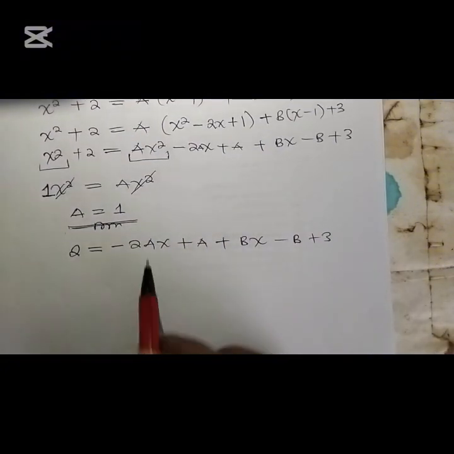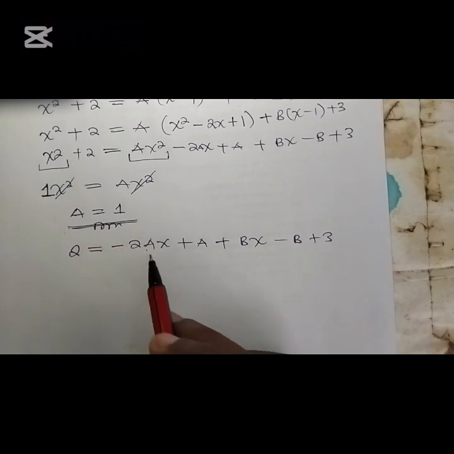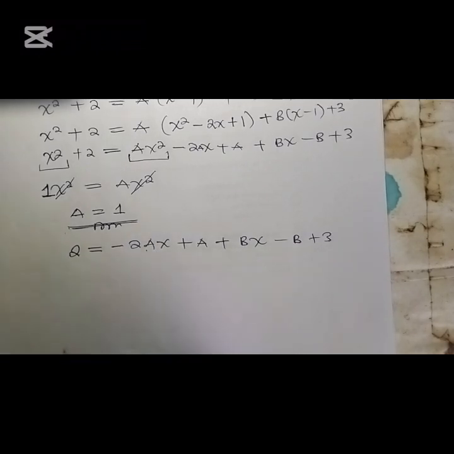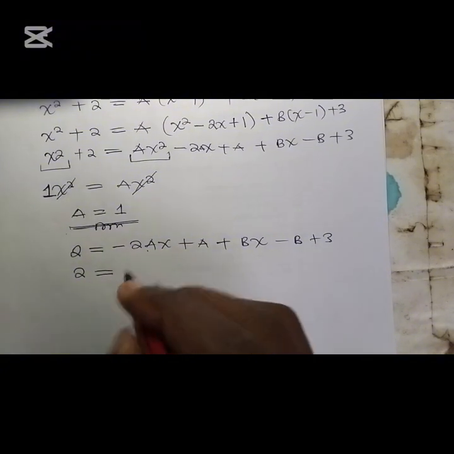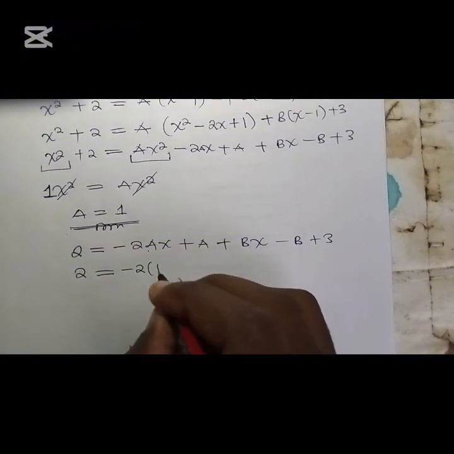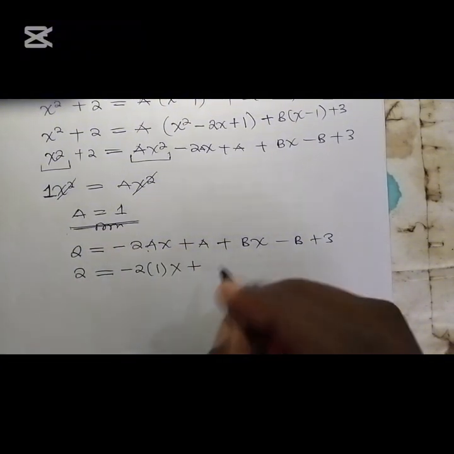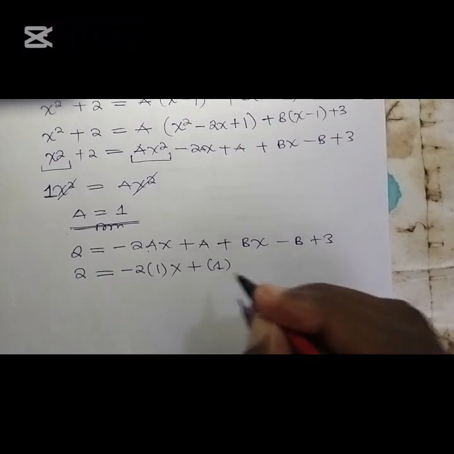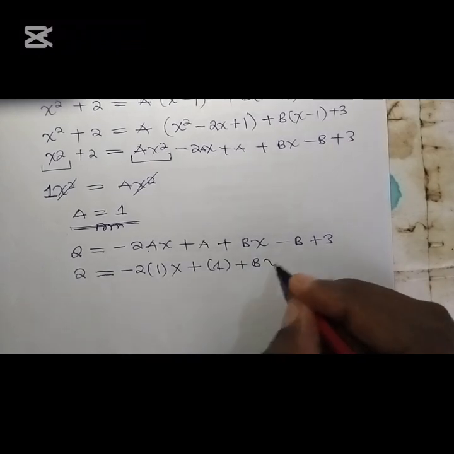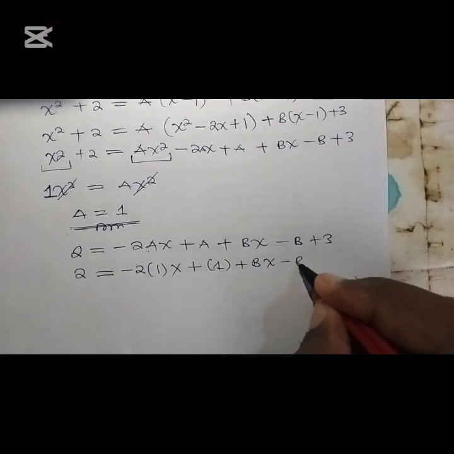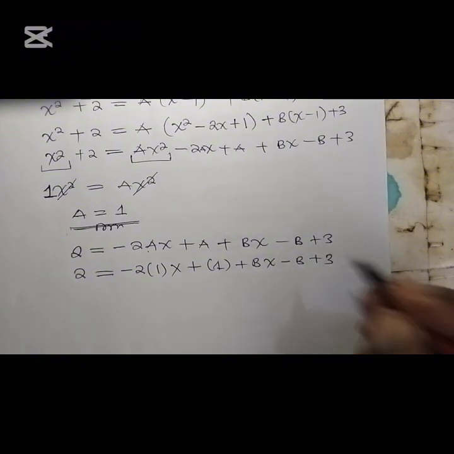So we know that a is 1. So 2 equals negative 2 times 1x, then plus 1, then plus bx, then minus b, then plus 3.